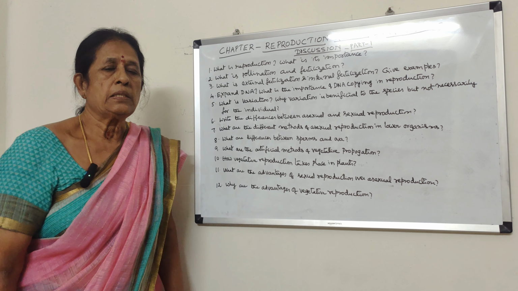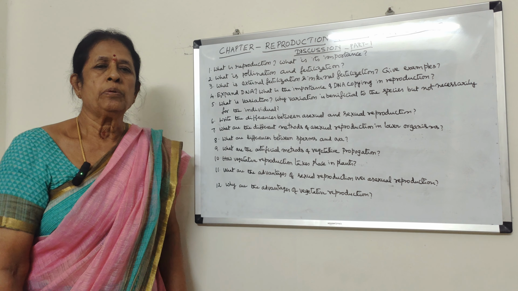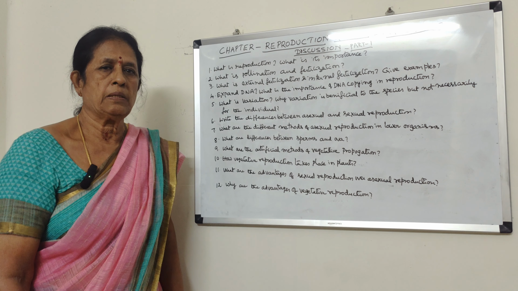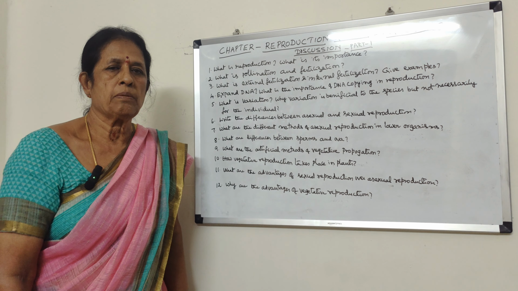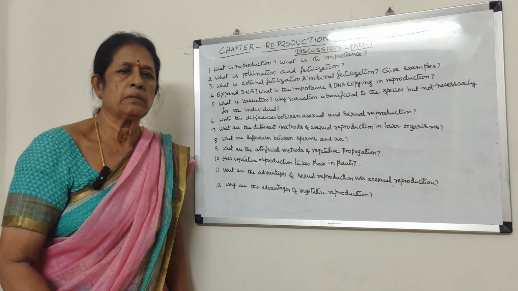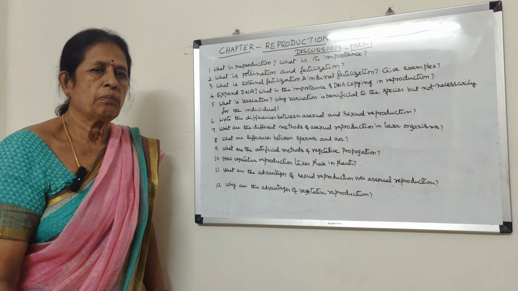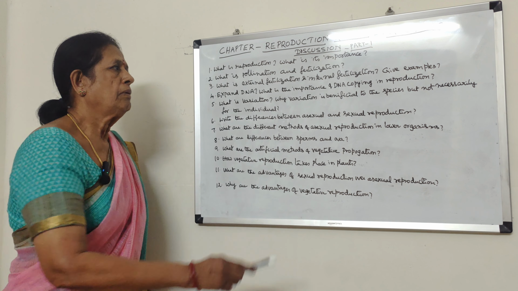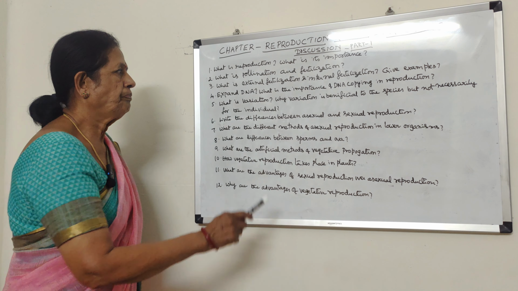And what is fertilization? Fusion of male and female gametes is called fertilization. So pollination is the first step of sexual reproduction where the pollen grains get transferred to the stigma of the flower, and next fertilization, fusion of male and female gametes, will take place.